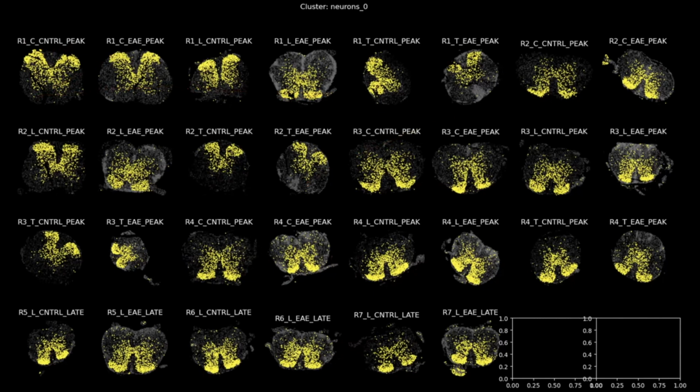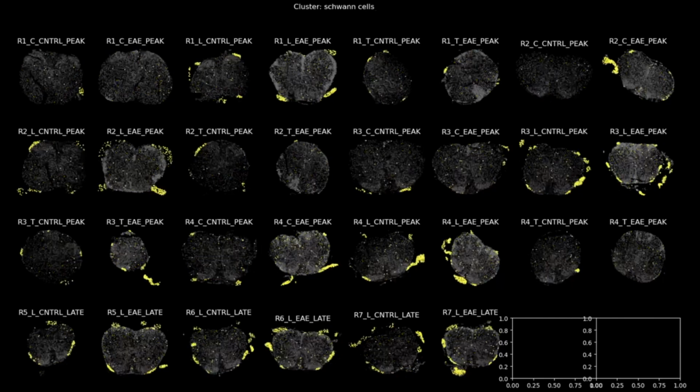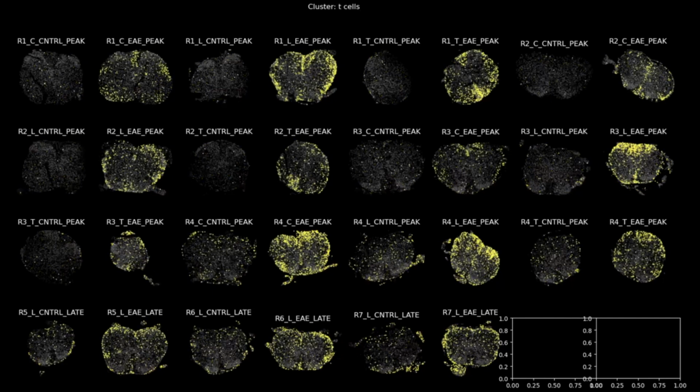So you can see that the neurons are very well conserved throughout all of the tissues that we've collected. Now I'm not showing any brains, but this is just one example to give you a feel for the data. And then we can start to look at these Schwann cells and the meninges, and you see it's also very well conserved across the tissue sections that we have. You can look at the T cell population, and you see there is an enrichment in the EE sample.